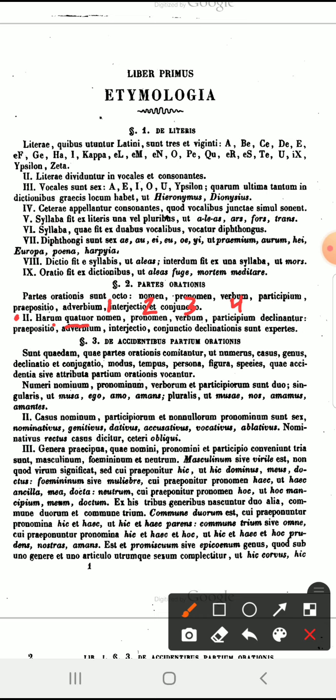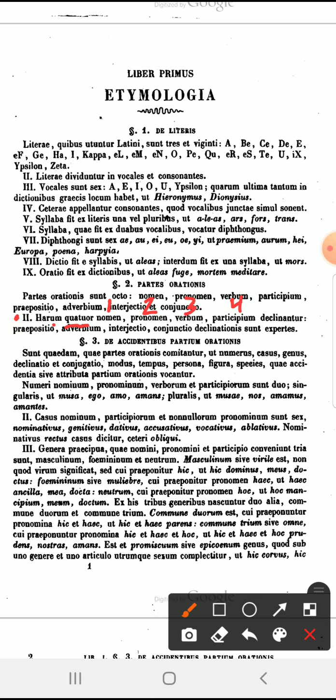Declinantur means are declined. That means that they have different forms. So not only is there a noun, a single word, but that word in Latin has a number of different forms. Nouns are declined. They go through different forms.